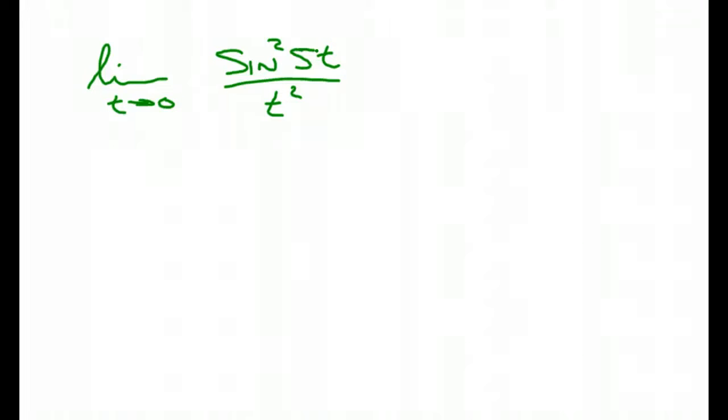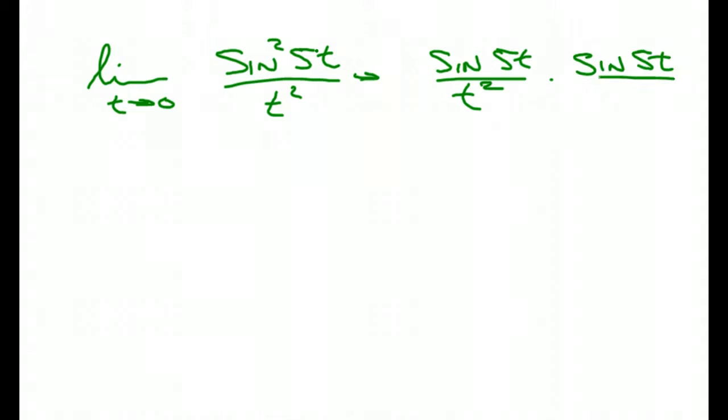So as t approaches 0, we're going to rewrite this as the sine of 5t over t times the sine of 5t over t. Oh, I'm sorry. Sorry, the squared is not up there. Oh, no, I split it apart. So I was thinking adding and subtracting, the denominator would stay the same.